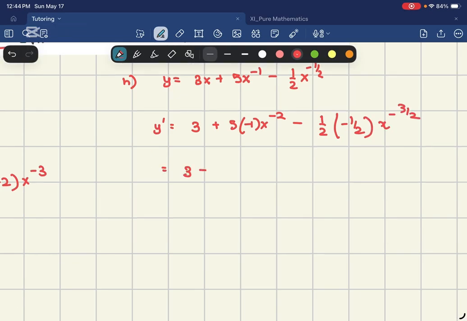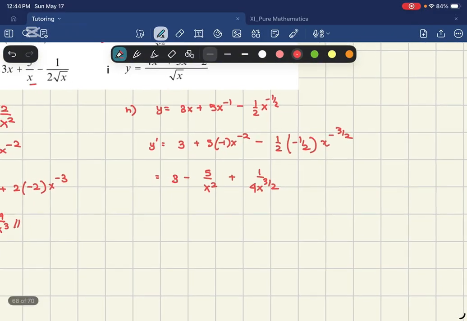And that gives you 3 minus 5 over x squared plus 1 over 4x to the power 3 by 2, which is the square root of x cubed. So it's the same. Alright, so we're done.